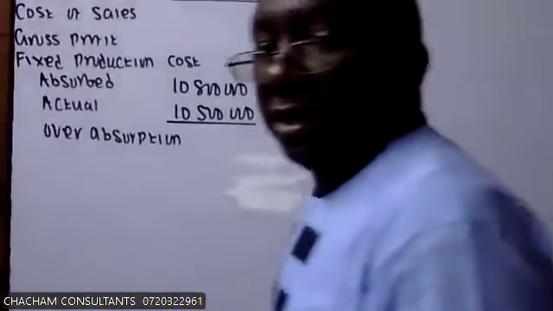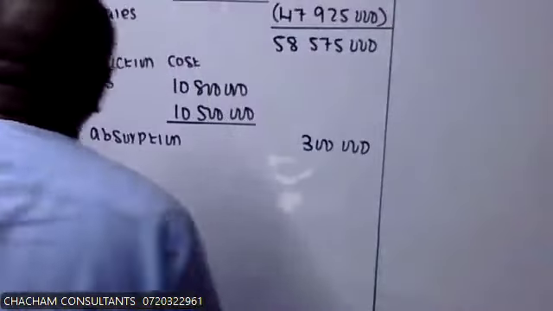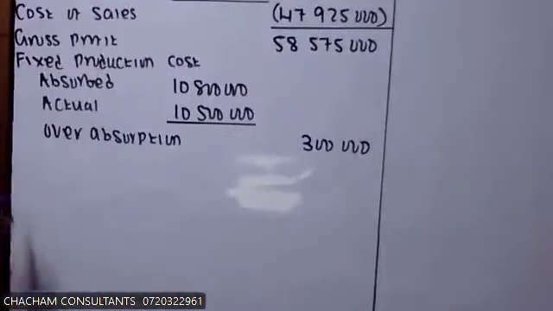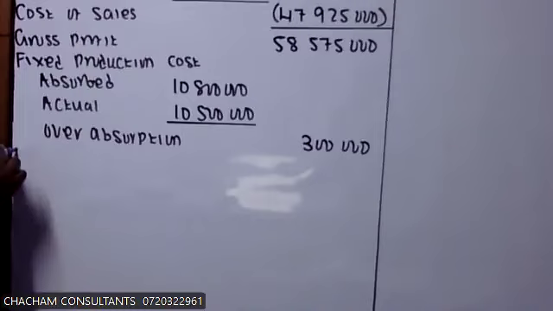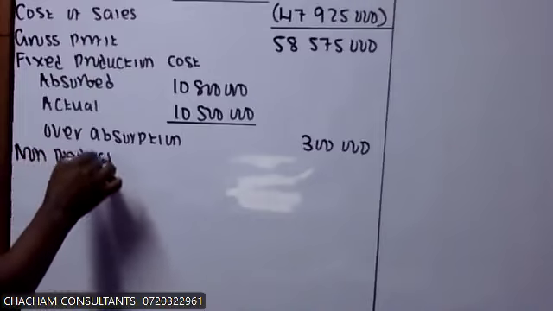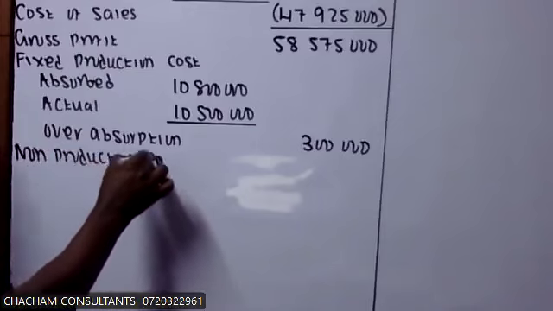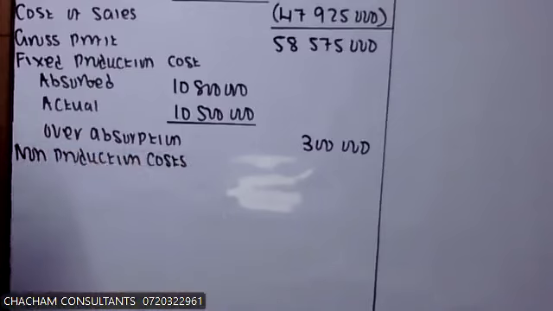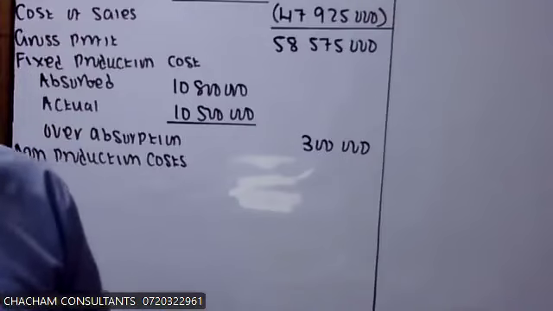So if it is coming in as a positive value, the next thing that we said we do is to bring non-production costs. You arrange them depending on how they are given in the question.